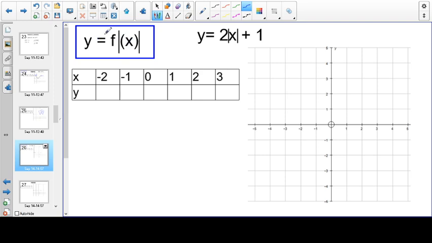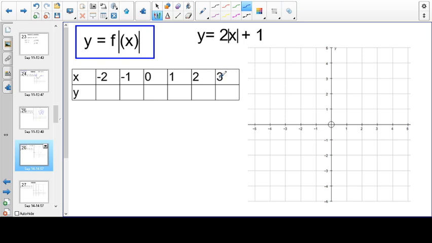So this is y equals f of modulus x. So that's written like that. If it was modulus f of x, it'd be the modulus of the whole thing. So those are different. Okay, so what this one means is that when you substitute in, you take the absolute value before you work out the y value.